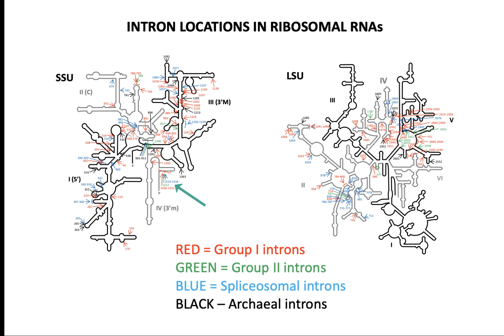And especially this location here, where we did a little study on modeling of the introns and what they look like, because at first we thought it was a group 2 intron, or possibly a spliceosomal intron, and then later we thought that it also had characteristics of a group 1 intron. So we did a little modeling and came up with a surprise, actually.